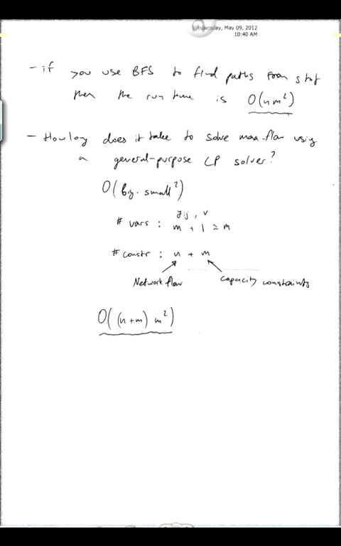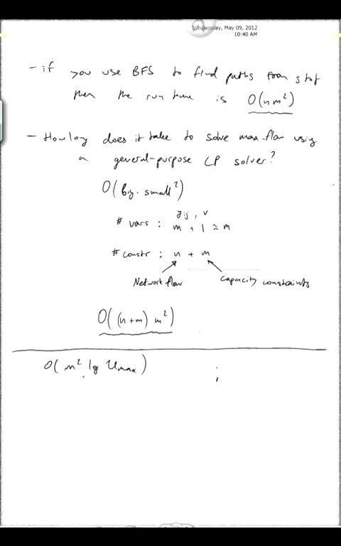But still, there's tons of other algorithms out there for max flow. So there are other algorithms that work on an entirely different basis than Ford-Fulkerson. So let me just tell you about a few of them. One of the algorithms can give you a running time of O of m squared times log of Umax.